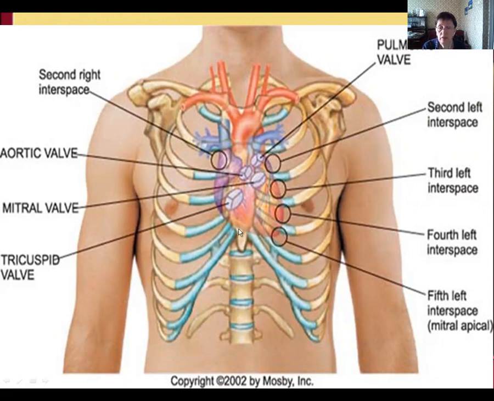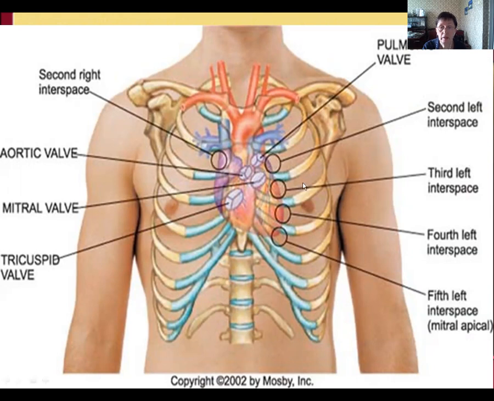Then the next point will be here at the base of the xiphoid process, but it is not drawn on this picture. Then the next point of auscultation will be for the aortic valve in the second right intercostal space.